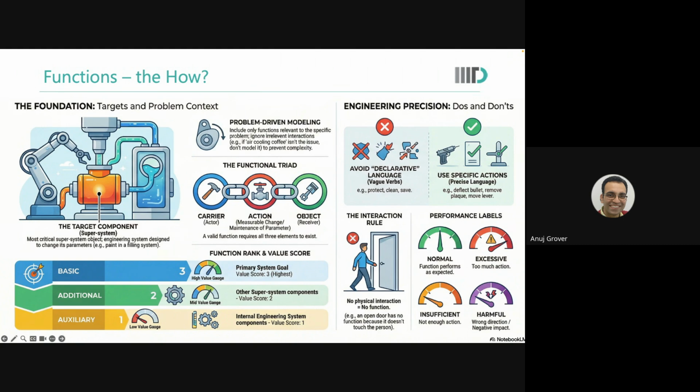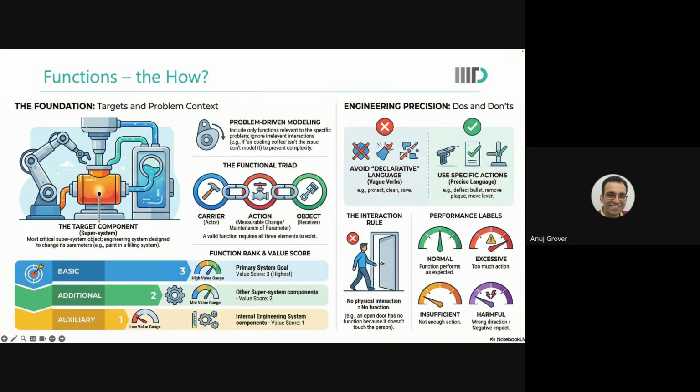Then, what else did we say? We said that we also have to label the functions on the basis of their performance level. Normal, excessive, deficient, or insufficient. And it is not that excessive is good.